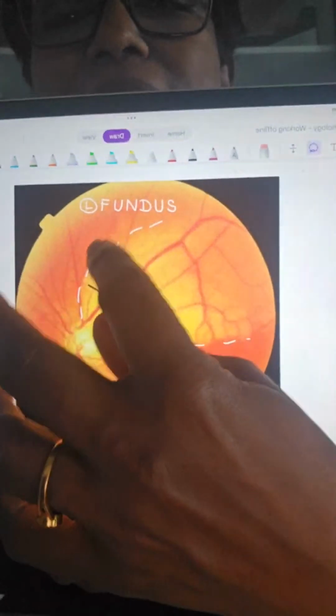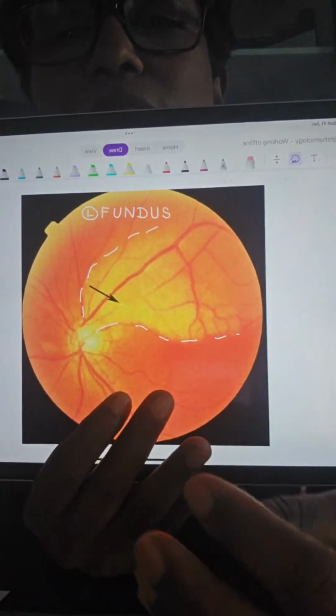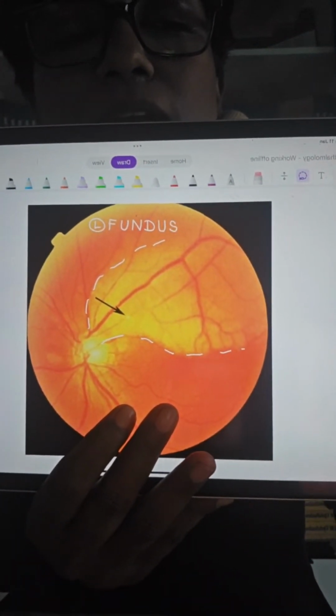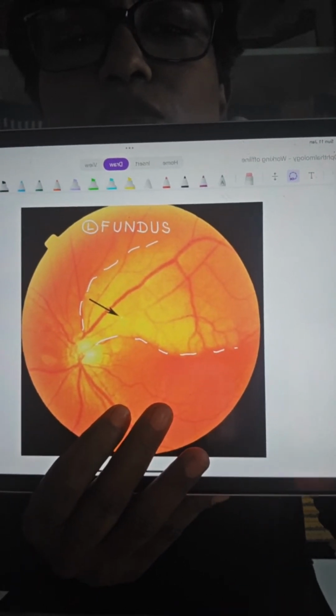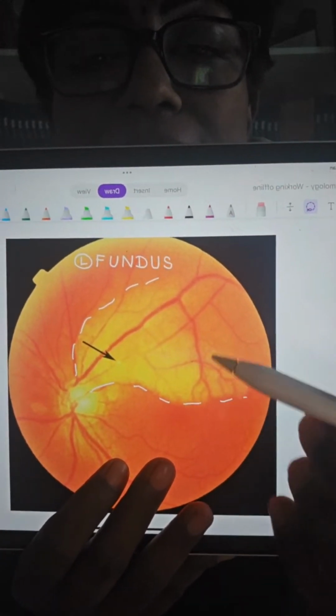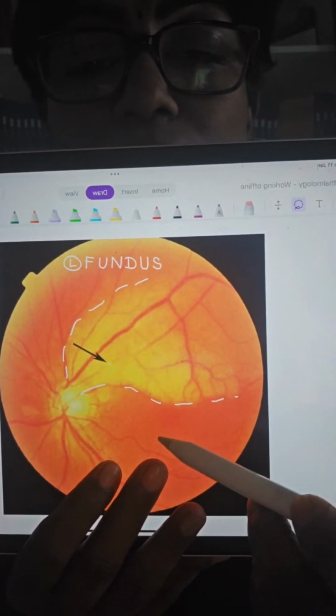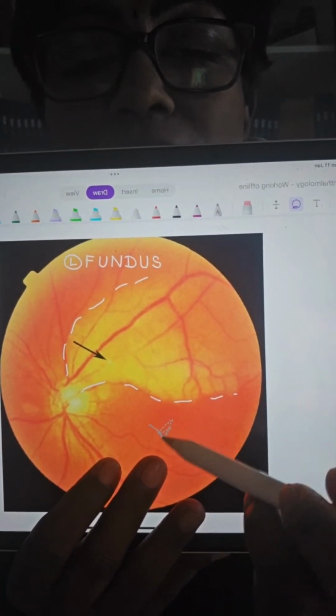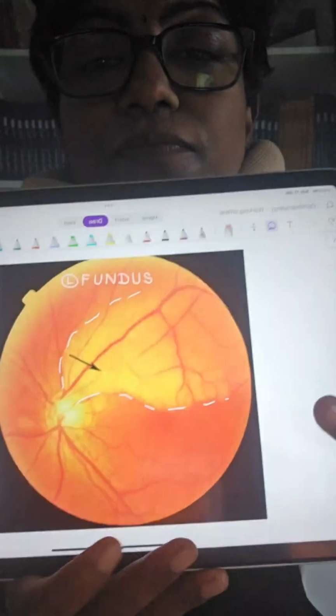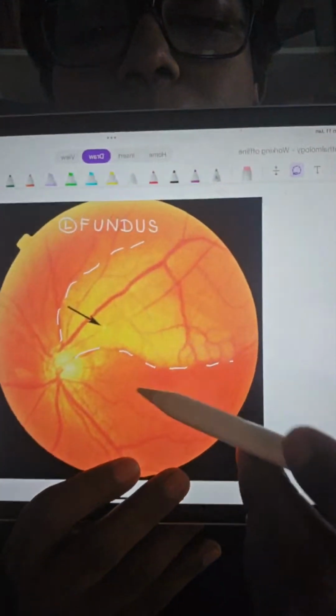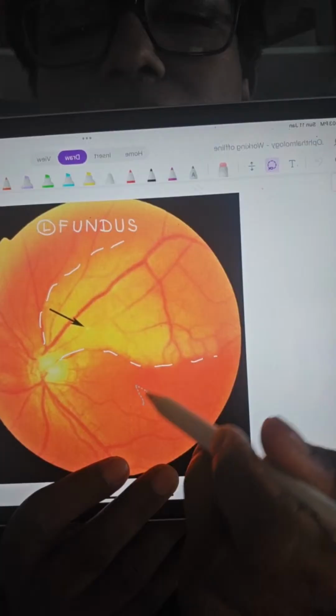Now, as I keep telling you, taking you through the walk, you tell me as you can appreciate it. Are you able to see the normal color of the fundus here? Yes, the lower part.